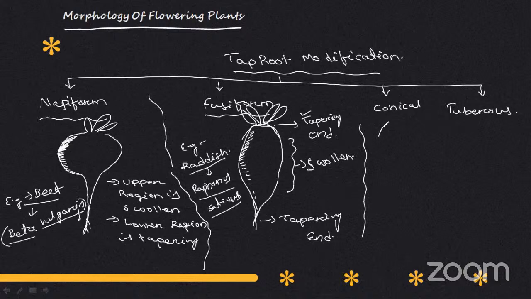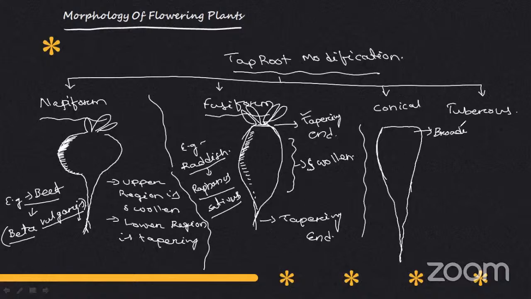It is broader at the upper part and tapering at the lower part, and here there will be root system.